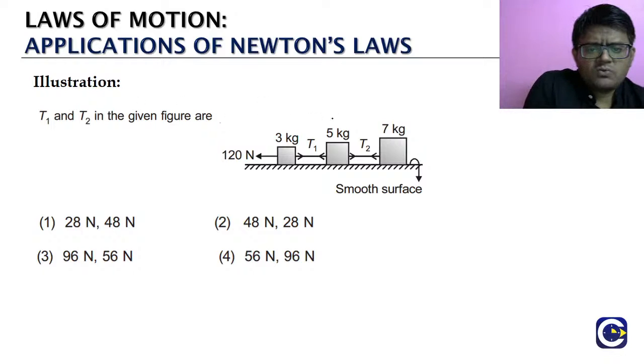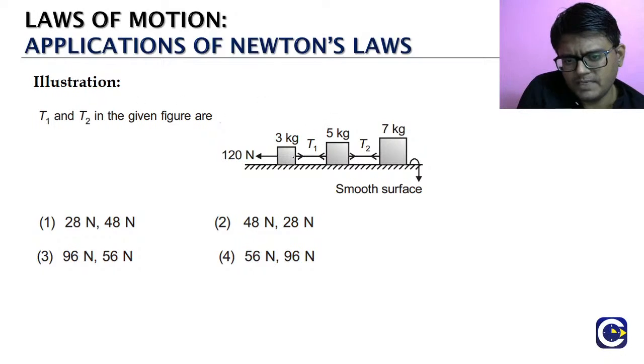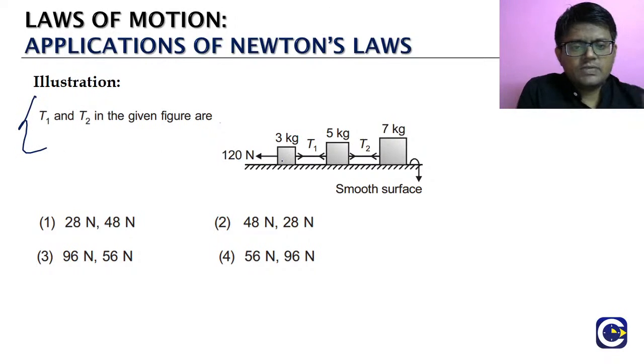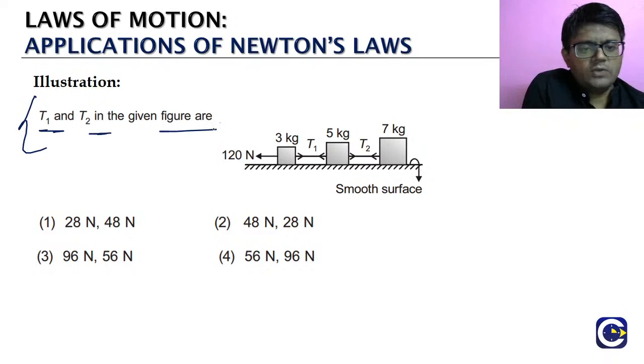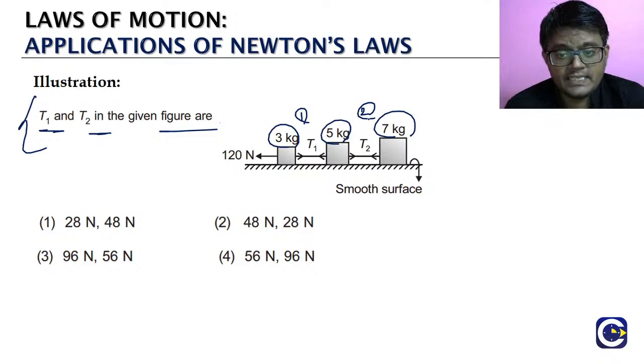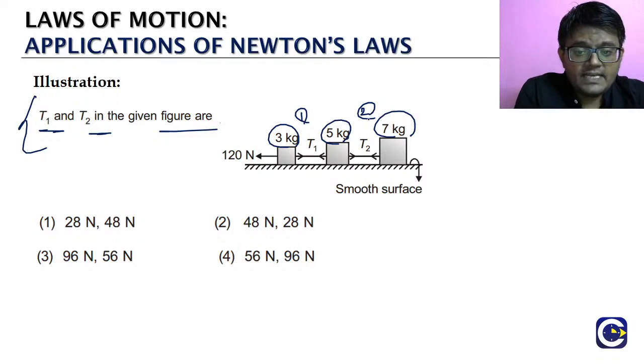In fact, I think this is a question that came in a previous year. In the given situation, we have to find the T1 and T2 values in the given figure. It is like the situation we saw, three blocks. 3 kg and 5 kg are connected by rope 1 with tension T1, and 5 kg and 7 kg are connected by rope 2 with tension T2.